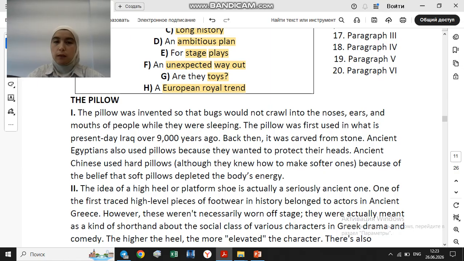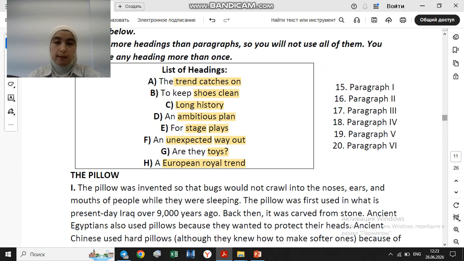You can treat the first sentence as the topic sentence. So let's have a look at this one. So we have some information below about why they were used. So have a look at the list of headings now.